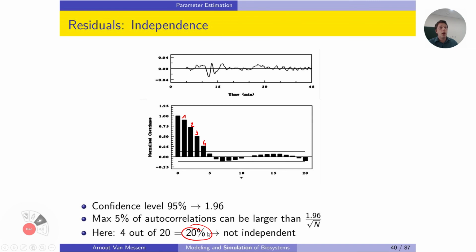But we would allow only 5% to lie outside the interval because it is a 95% confidence interval, or something similar. So here 20% lies outside instead of 5%. So there is a dependence between the different residuals. There are too many large autocorrelations, and so the residuals in this case are not independent.